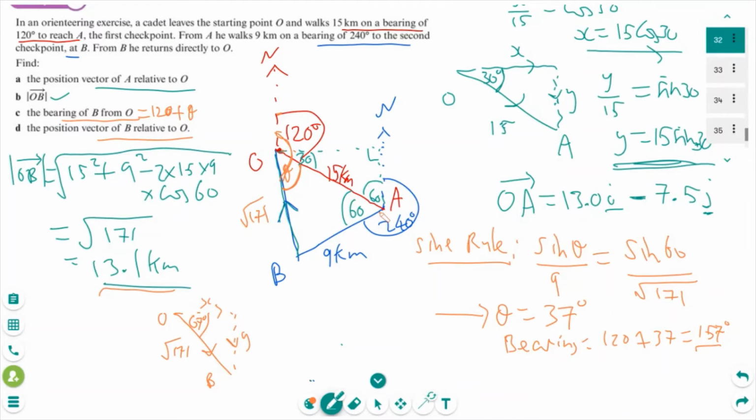We can say x over root 171 equals cosine 37. You can say y over root 171 equals sine 67.